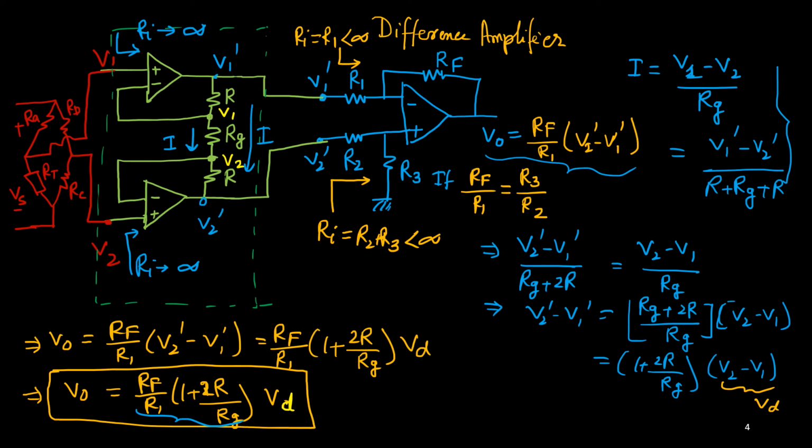Now you see, we can maintain this ratio. Only varying Rf by R1 is not possible to vary the gain factor, because earlier in the difference amplifier, to get different gain we had to vary Rf or R1, but at that time you also had to vary R2 upon R3 because that condition should be maintained.